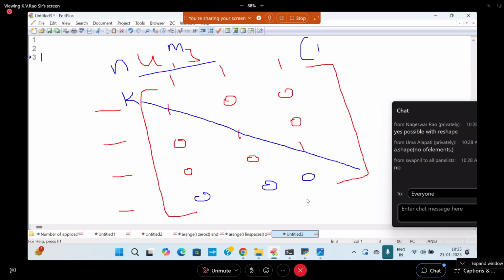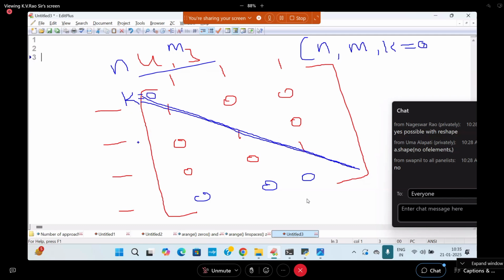So n comma m comma k. What will the value of k be? 0. The principal diagonal is indicated by the 0th location. K value is 0.